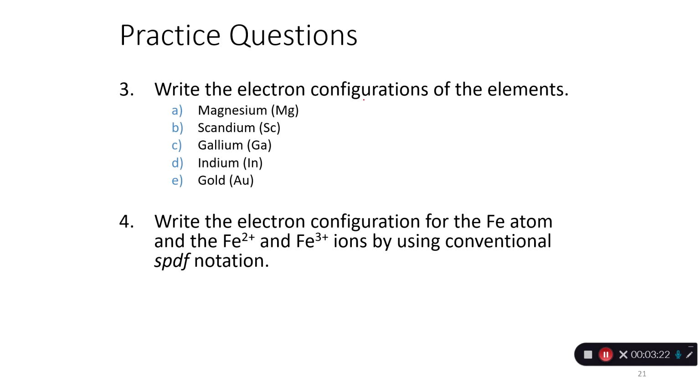Write the electron configurations of the elements. For this, the first step is of course to establish the order, because if you look at A to E, you'll find that the number of electrons in these elements are increasing.